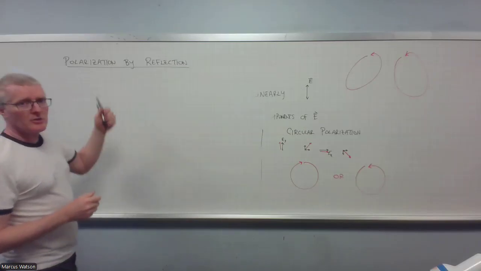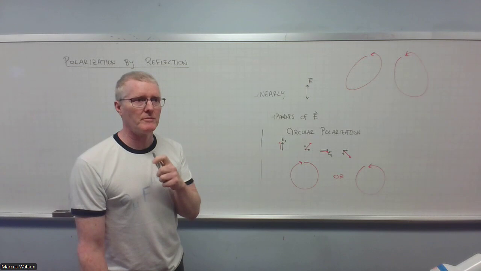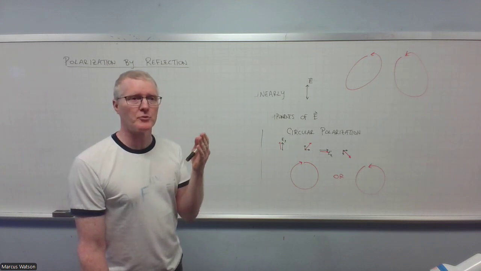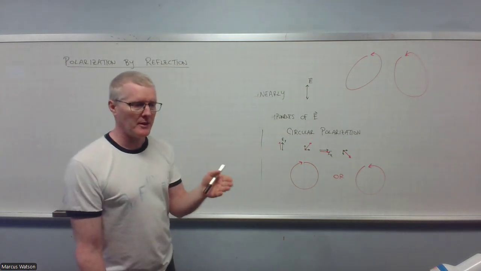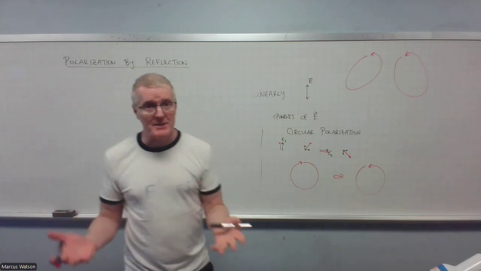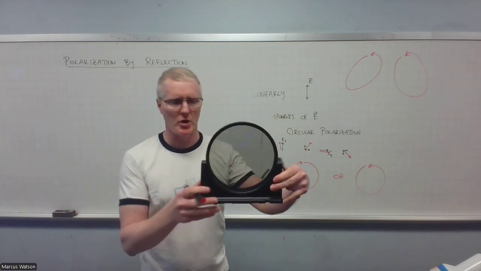So let's go ahead and take a look at polarization by reflection. This comes about because of materials. It comes about because of the reaction of materials to different polarizations. Okay, so you may have asked this question of yourself: how does a Polaroid work? How does a polarizing filter work?